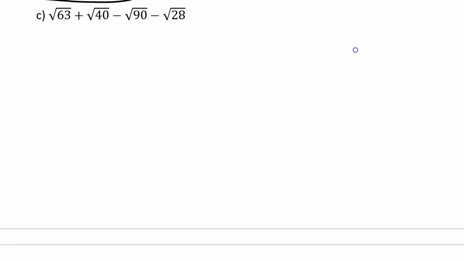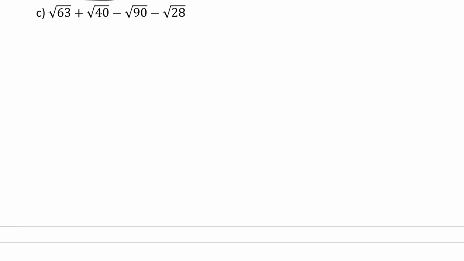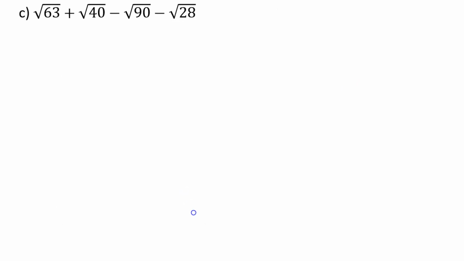Now this one right here, it doesn't seem like there are any like terms again, but first things first, let's simplify them. So we're noticing that there is no official index here, so that means that the implied one is 2, they're square roots. So we're going to look for the biggest square root factors.